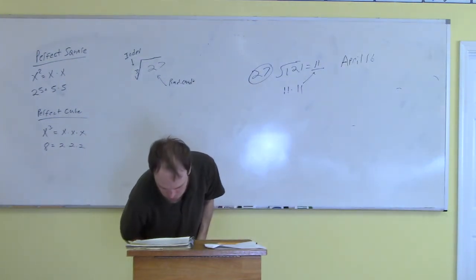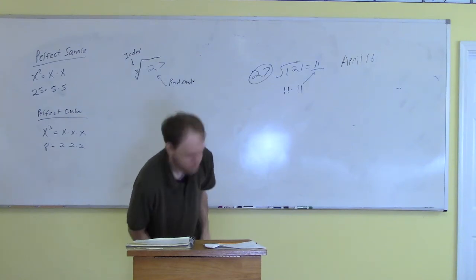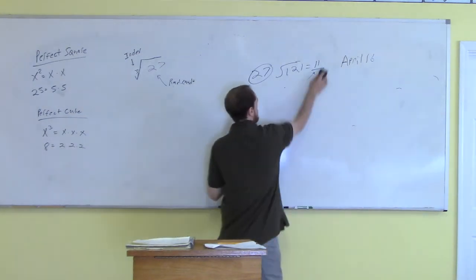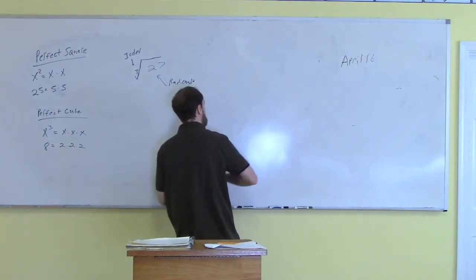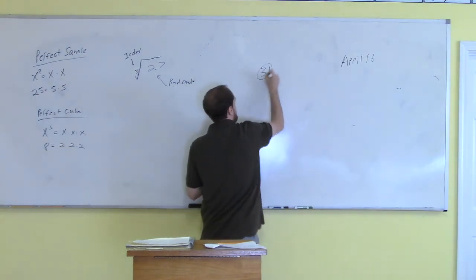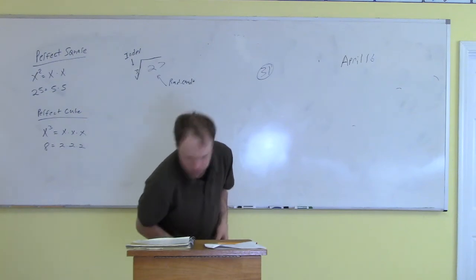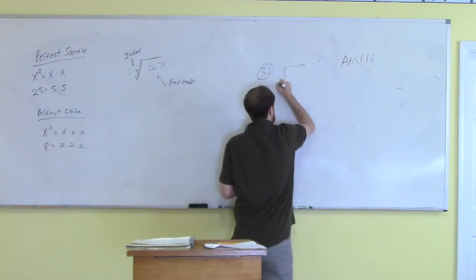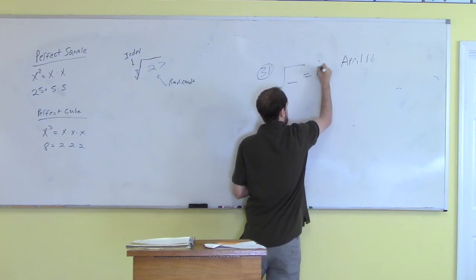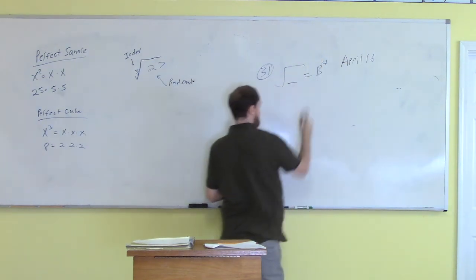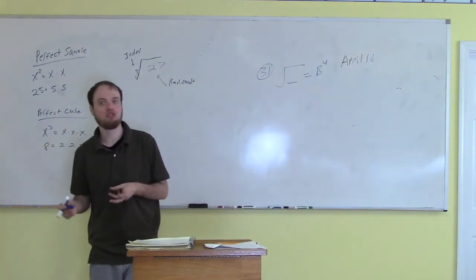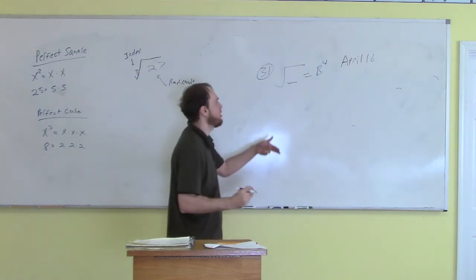Going through a couple more, look at 31. It says b is the square root of what equals b to the fourth. So again, understand the relationship between the root and the radicand.